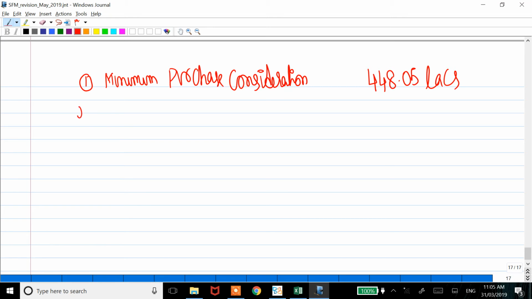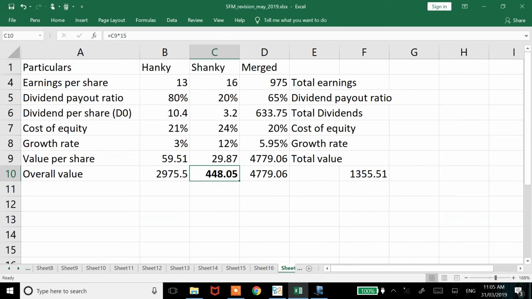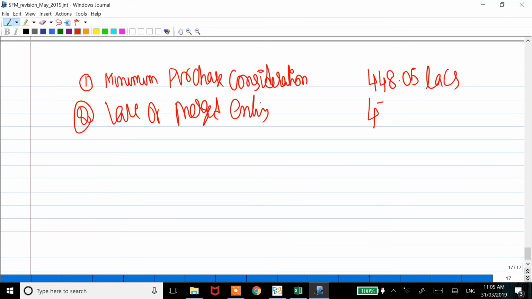So point number 2, value of merged entity: 4779.06 lakhs.